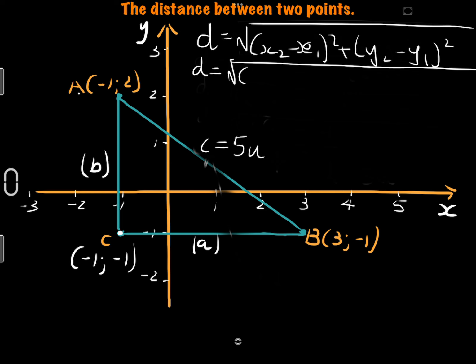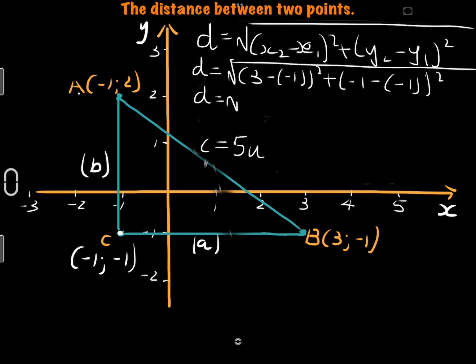In this case, we're going to have 3 minus, x at B is equal to 3, and x at C is equal to negative 1, close bracket, raised to the second power, plus, open bracket, y at B is equal to negative 1 minus, remember that's part of the original function, minus y at C is negative 1 as well, close bracket, raised to the second power.